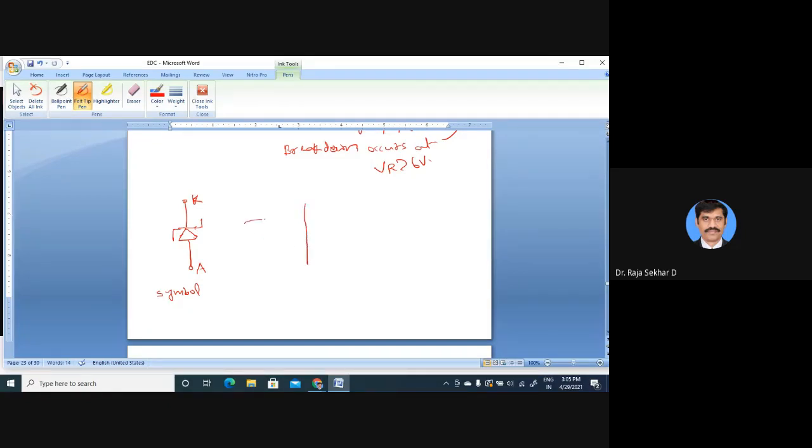And these are the V-I characteristics in reverse bias. VZ is the Zener breakdown voltage.